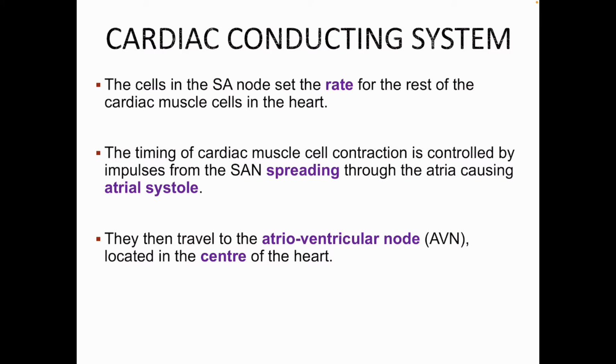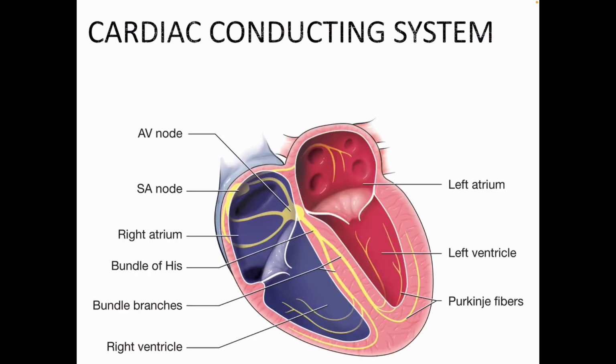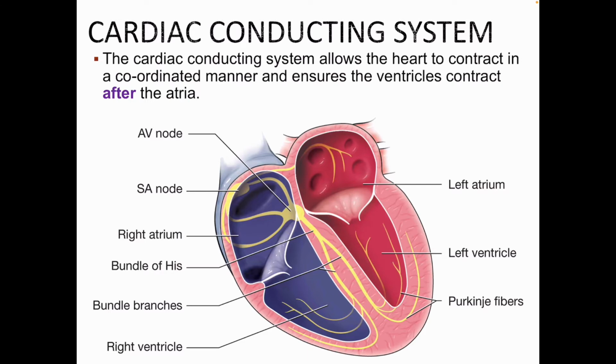This electrochemical impulse then travels to the AV node, located between the atria and the ventricles, and then travels down the conducting fibres in the central wall of the heart and then up through the outer walls of the ventricles, causing ventricular systole. And this allows the heart to contract in its coordinated manner.